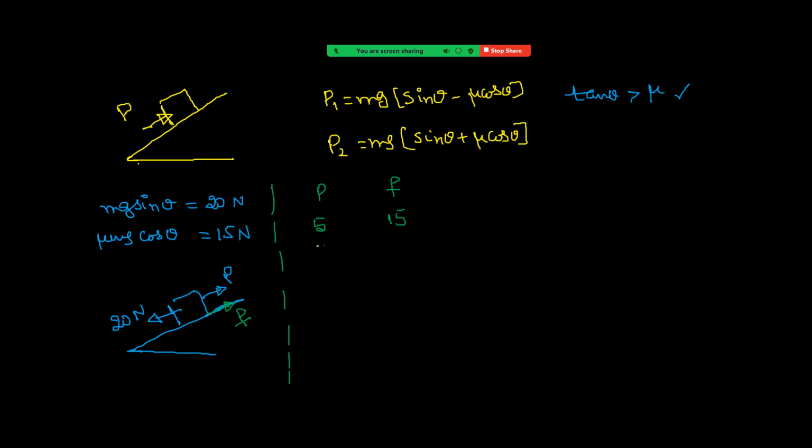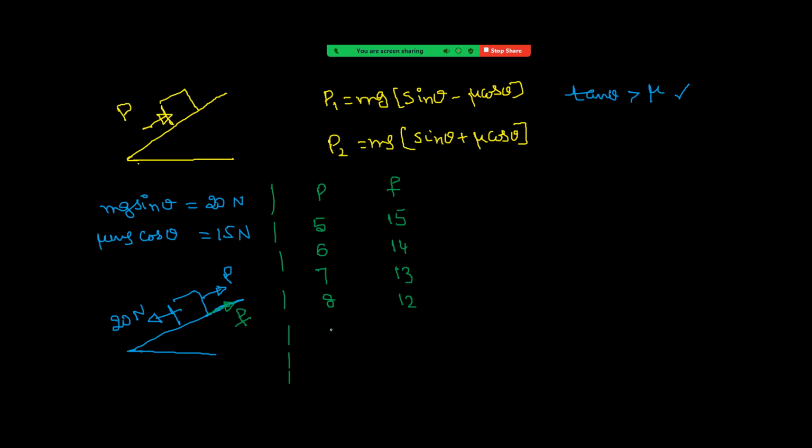Suppose I apply 6: friction adjusts, since it is static, and becomes 14. Total is 20, balanced. Apply 7 Newton, friction becomes 13. Apply 8 Newton, friction becomes 12. See carefully, when we increase the force, the frictional force decreases.